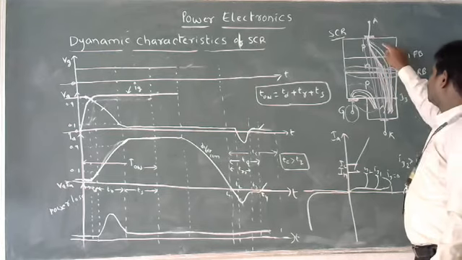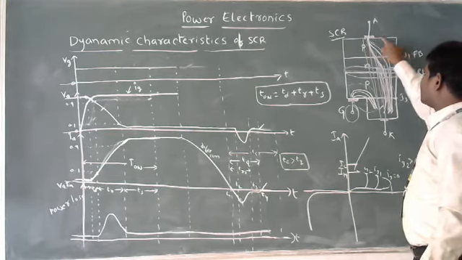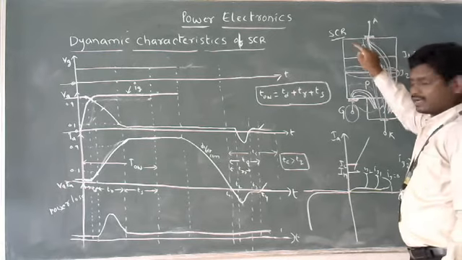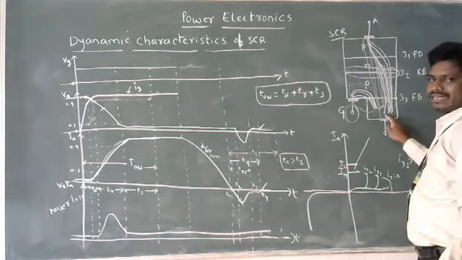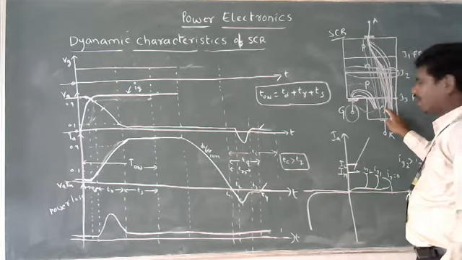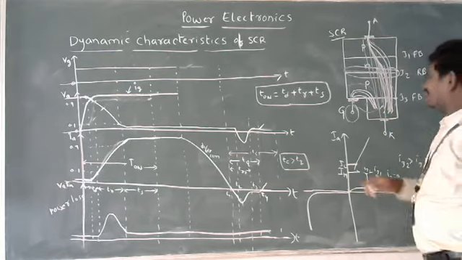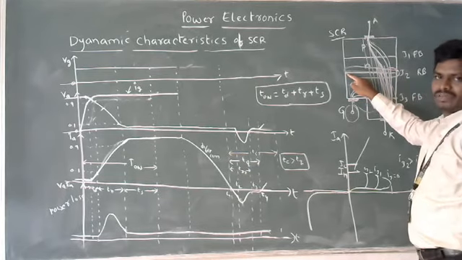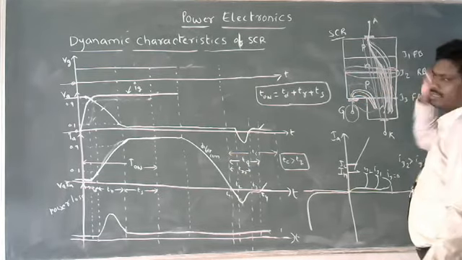Excess charge carriers are there in the outermost P-type material, excess electrons in the outermost N-type material, and a combination of holes and electrons at the J2 junction.